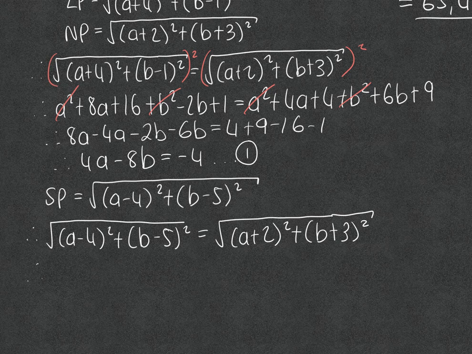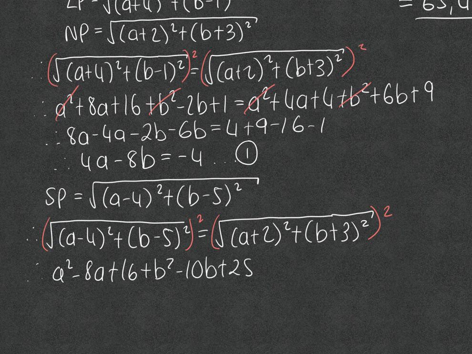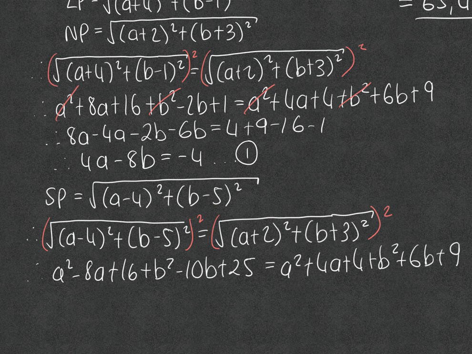Therefore, squaring both sides again, the square roots cancel. So we're going to have A squared minus 8A plus 16 plus B squared minus 10B plus 25 equals A squared plus 4A plus 4 plus B squared plus 6B plus 9. You can just copy this from the previous one. Again, the A squareds and the B squareds will cancel, and let's bring everything over.